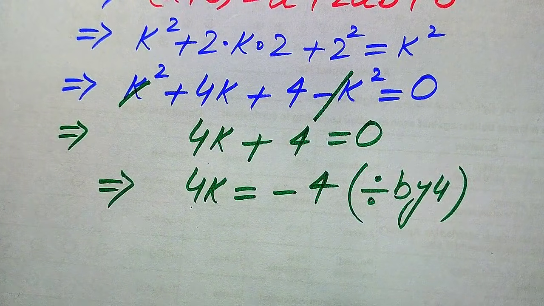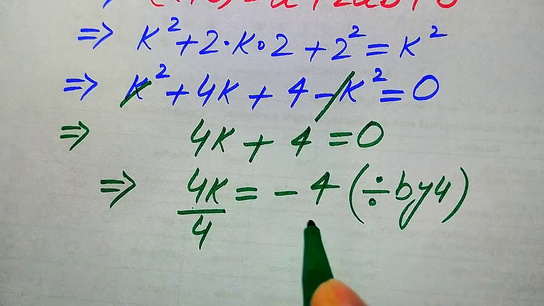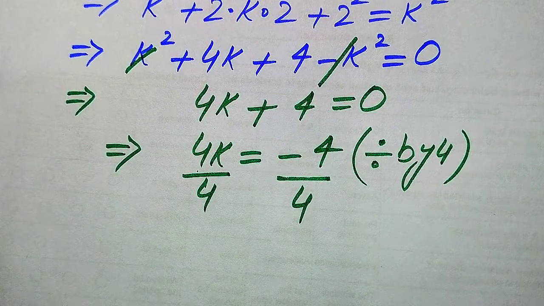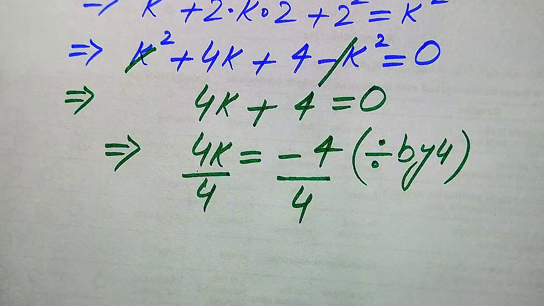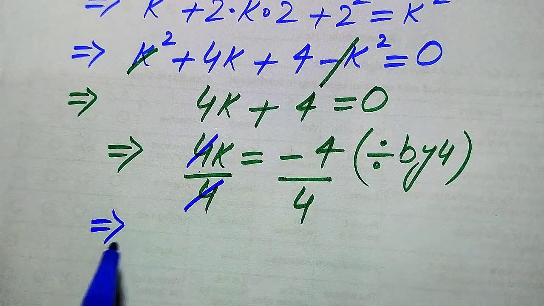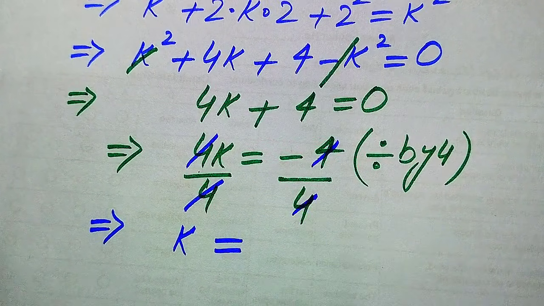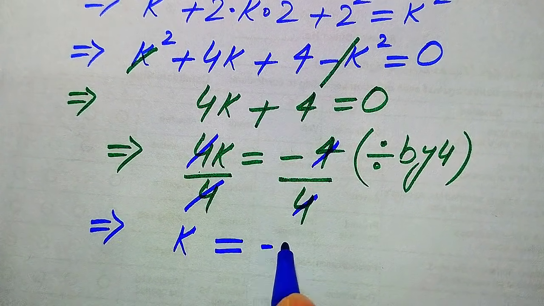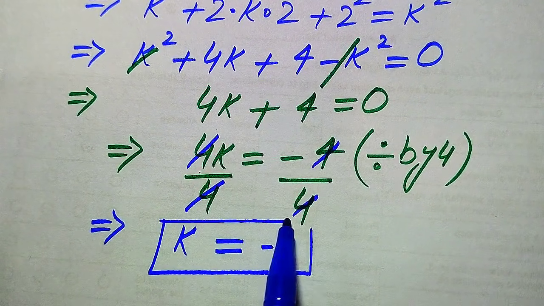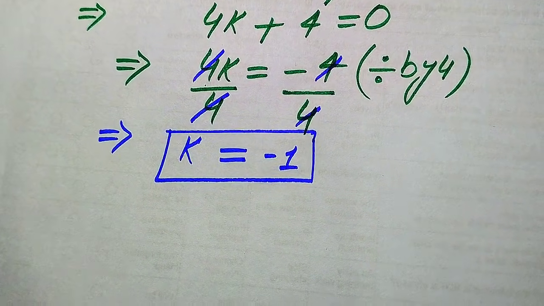So 4k divided by 4 equals −4 divided by 4. The 4s cancel out, and we get k = −1. So this is the value of k which we get in this method.